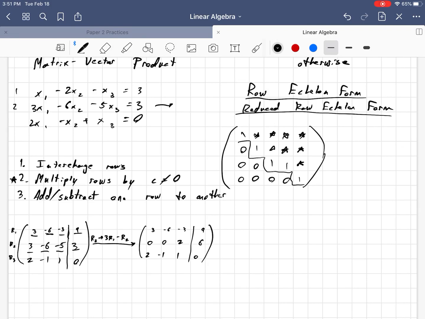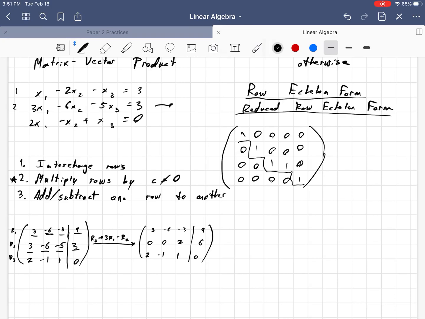So what's the difference between that and reduced row echelon form? In reduced row echelon form, we demand that wherever we see a 1, there are zeros all the way down below the 1 and all the way up above the 1. So the reduced row echelon form for the original matrix would look like that.